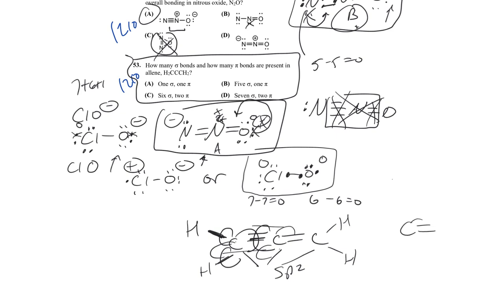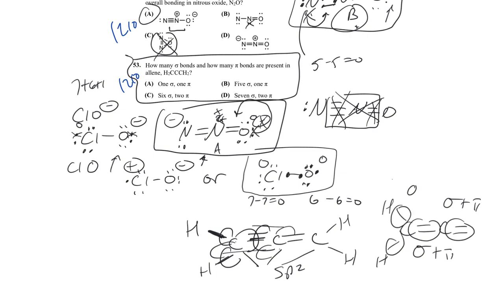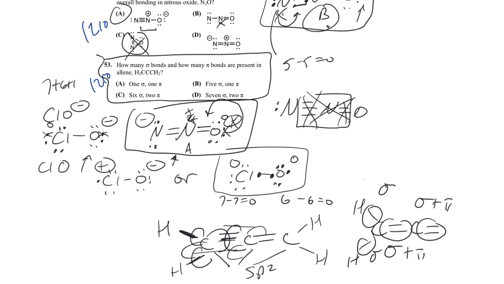So my C double bond C is a sigma plus a pi, and then the other carbon-carbon double bond is a sigma plus a pi, and then the hydrogens are sigma bonds, and the other carbon to hydrogen are sigma bonds as well. So I have 1, 2, 3, 4, 5, 6 sigmas, and then I have 2 pi bonds. So 6 sigma, 2 pi.